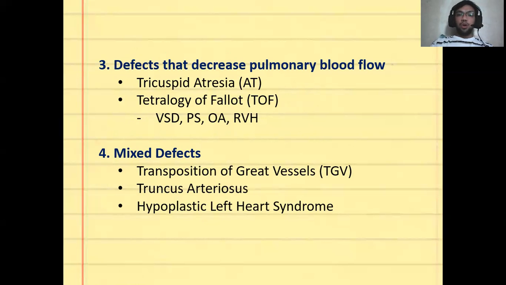O stands for overriding of the aorta, and V stands for ventricular septal defect. So remember PROV, that's why it's known as tetralogy. Tetra meaning four. There are four defects associated with this disease: pulmonic stenosis, right ventricular hypertrophy, overriding of the aorta, and ventricular septal defect.